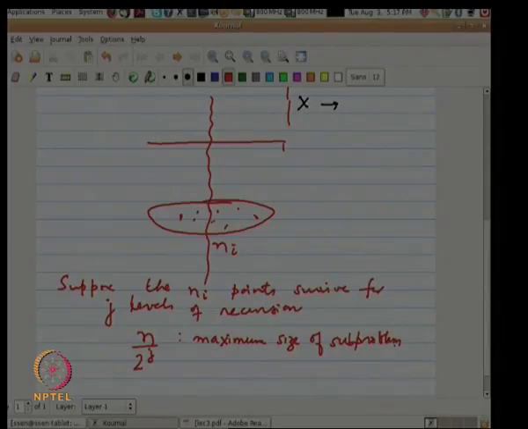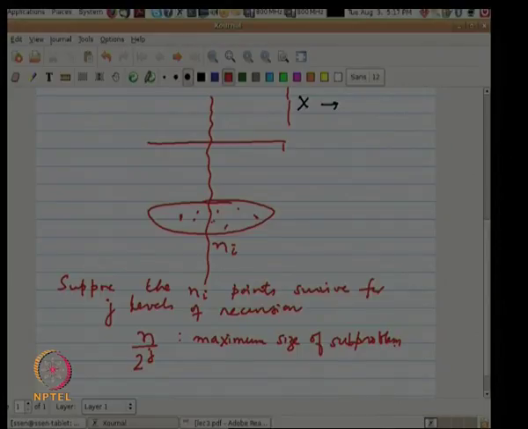And the cluster has size n sub I. So, what is the relation between the cluster size and this maximum size? If the cluster has to survive, then this cluster must have size smaller than that, right. Otherwise, it is definitely going to get split up. You can't have any sub problem larger than n over 2 to the power j.